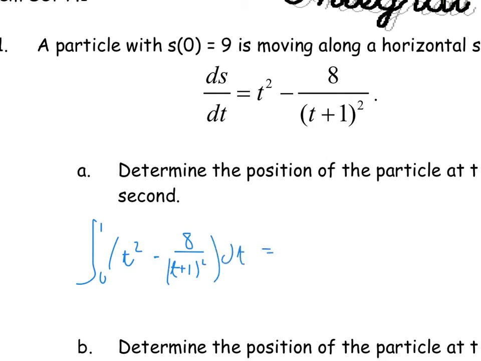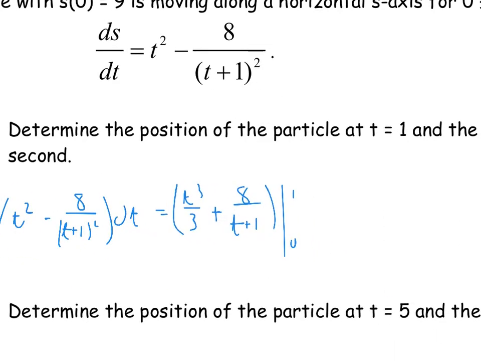Find the antiderivative of this, which is t cubed over 3 plus 8 over t plus 1. And you have to evaluate this from 0 to 1, which you can figure out, but that will end up being negative 11 thirds. So that's our displacement.